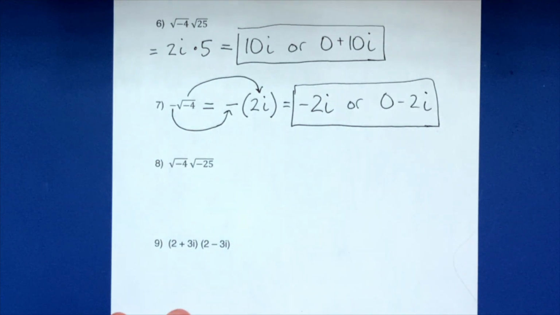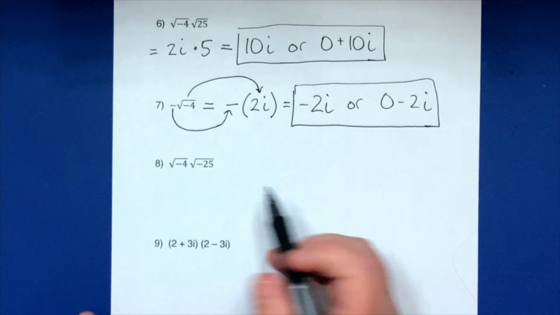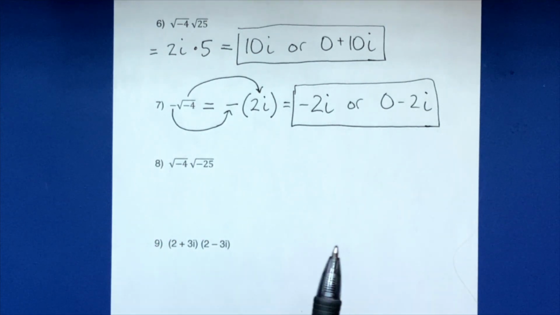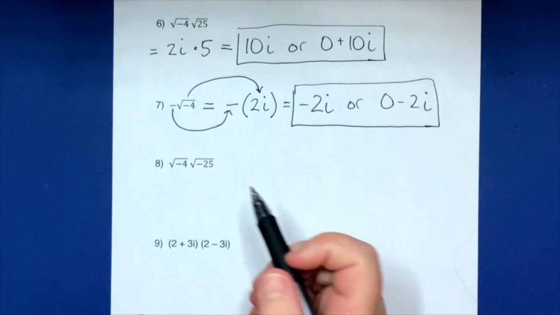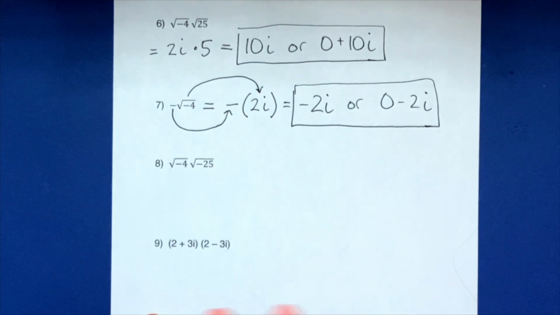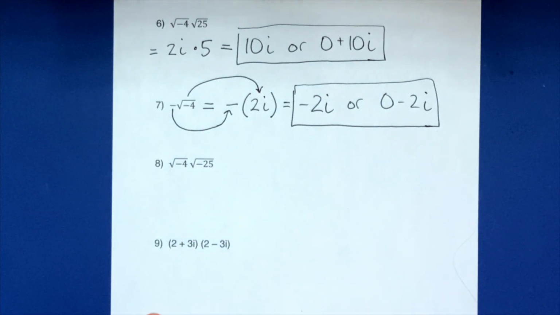Now, number 8. Number 8 is really hard because it is very, very tempting to multiply these two. Bring them together and multiply. And imaginary numbers don't work that way. The best I can tell you is that if this were regular land, real number land, both of these would be undefined and this multiplication would be impossible.